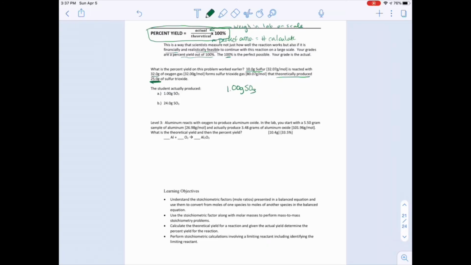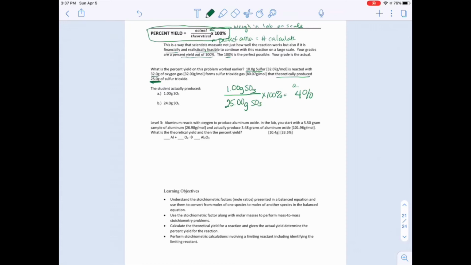That kind of phrasing will tell you that the top number is actual and the bottom number is what it should have been. So you do that one, and notice this student did not get a very good grade. Maybe they spilled it all over the place or something. You do the math for that, and you get 4.00% for part A.